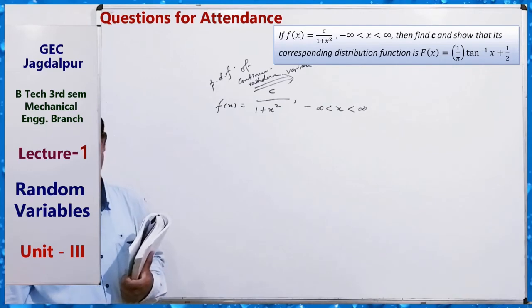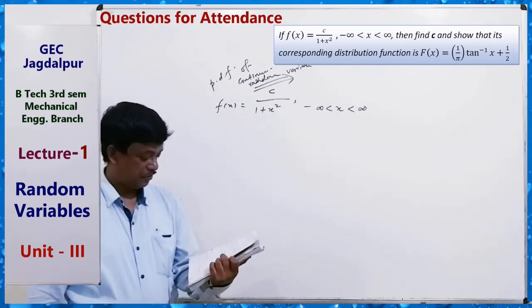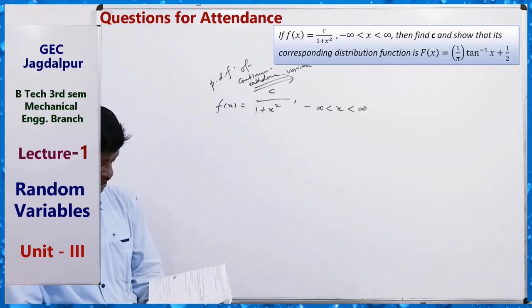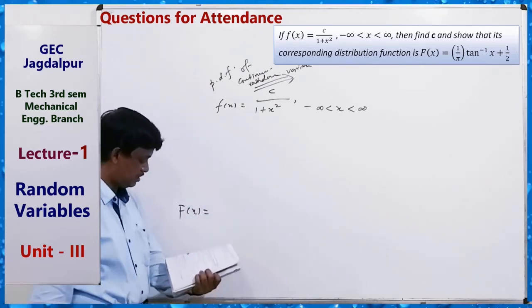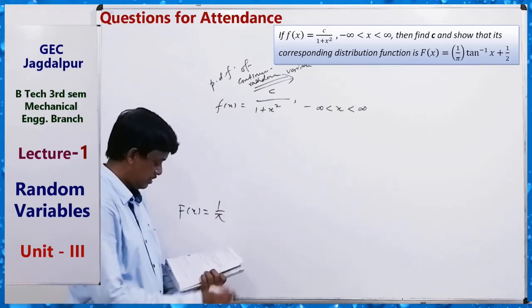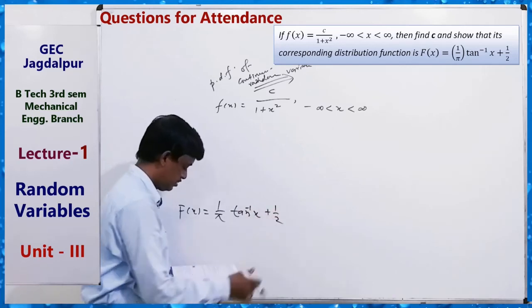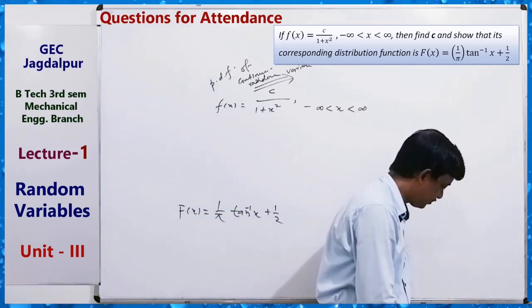Clear? So f(x) equals this, and find c and show that its corresponding distribution function is F(x) equals 1 by pi tan inverse x plus half. Okay, so this is the given question.